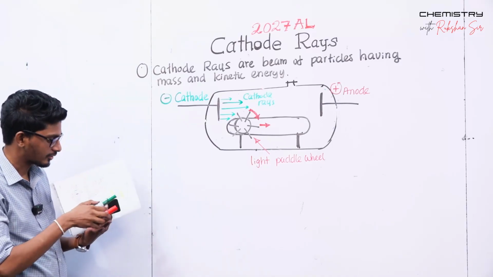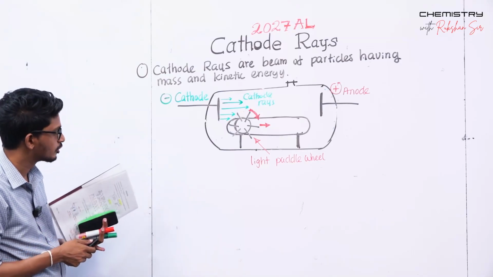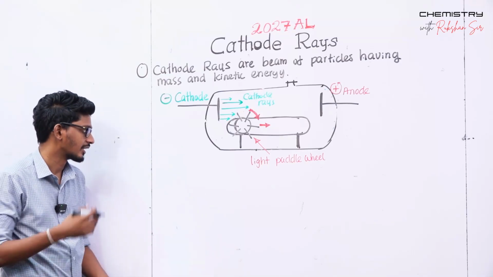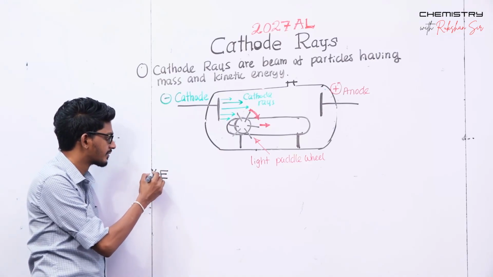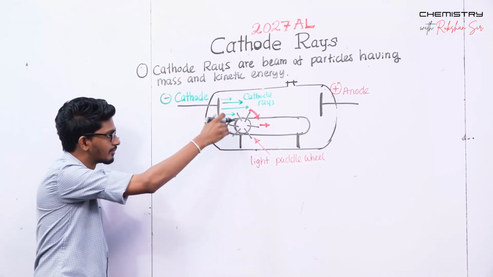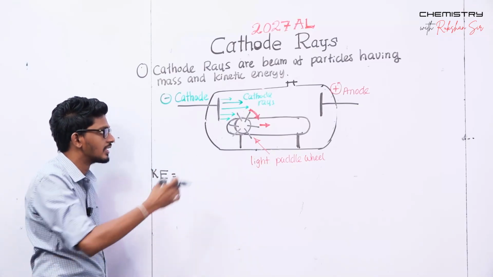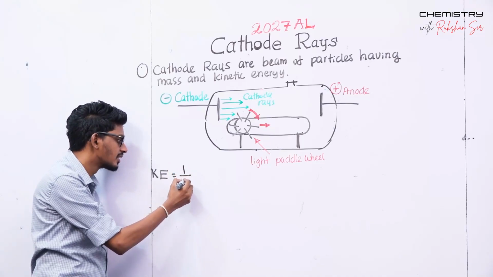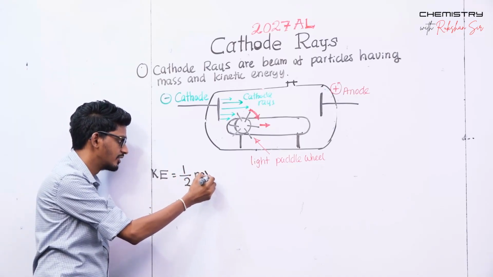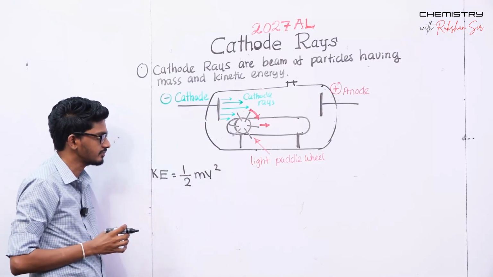To provide that kinetic energy to the paddle wheels, to make them move, the cathode rays should have some kinetic energy. The kinetic energy is half mv squared. We all know the kinetic energy is half mv squared.